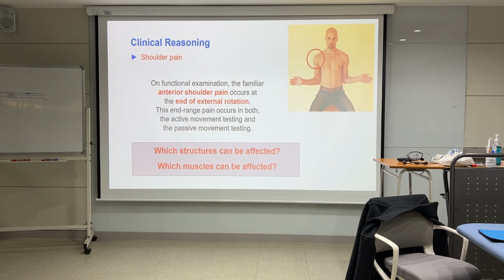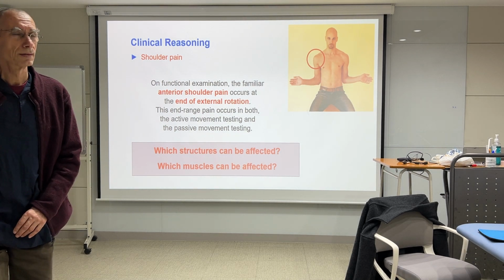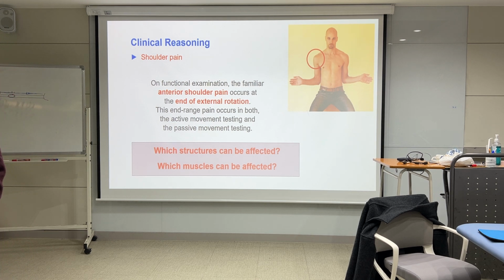So he considers the problem of the capsule first, not the ligament. Second, he is talking about the nerve: when you externally rotate, there is no nerve that can be provoked by the stretched angle like this. Why not?